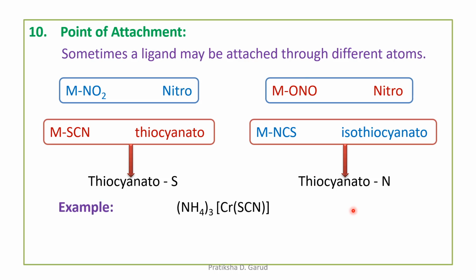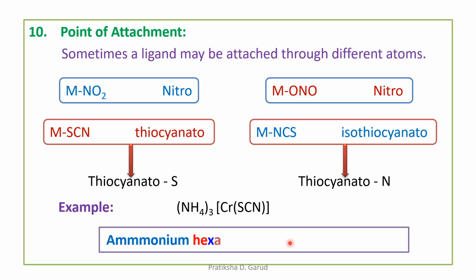Its example is NH4 [Cr(SCN)6]. It is named ammonium hexathiocyanato N chromate plus 3. Here it is 6, right? In case of SCN, it is 6 over here. So this is the point of attachment.